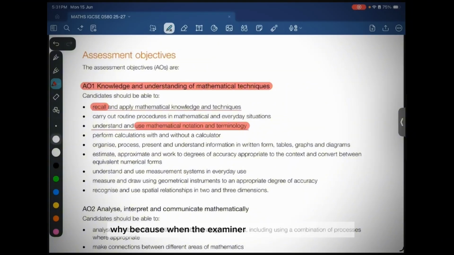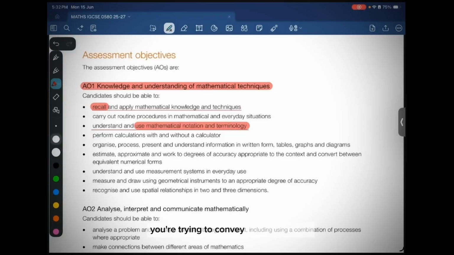Because the examiner may ask you to use mathematical notation or terminology, or even if the examiner doesn't ask you to, what if the examiner uses it themselves? Then you're going to be in a pickle unless you understand that this certain notation means this, therefore this sign means this. Clear? This is extremely important.